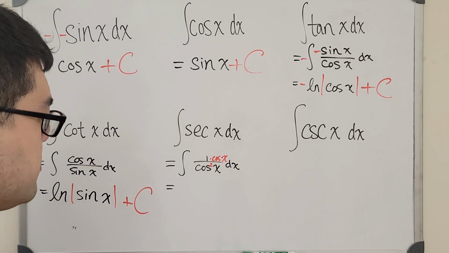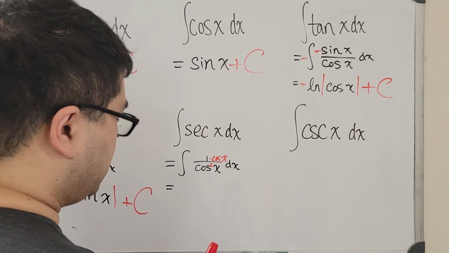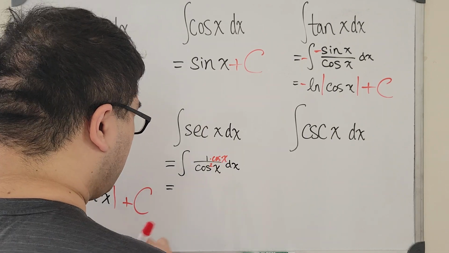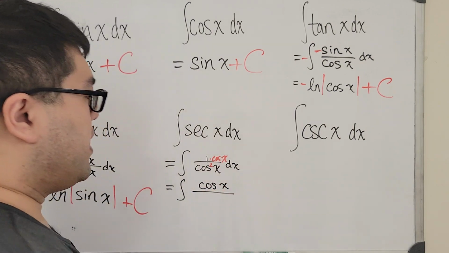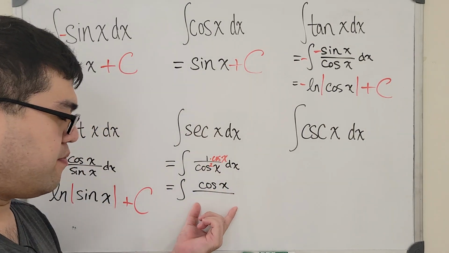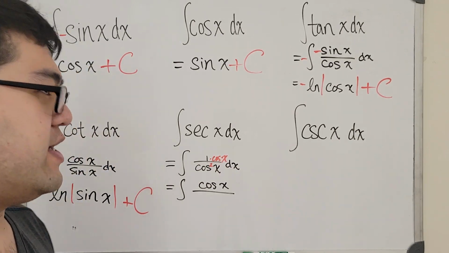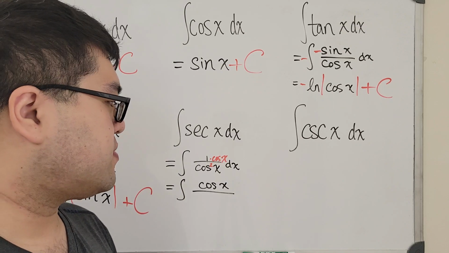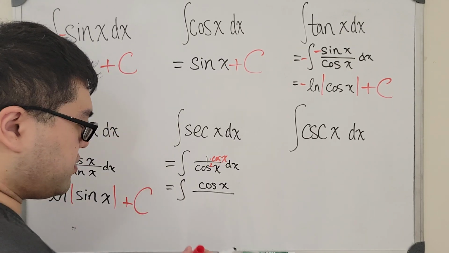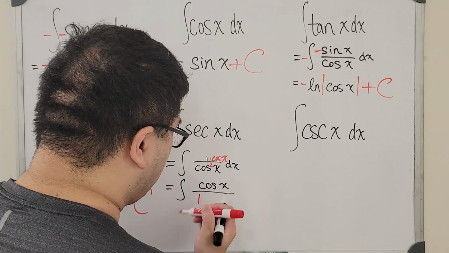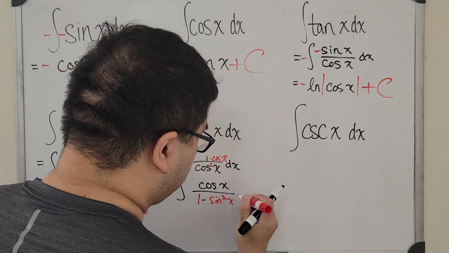Next, I'm going to rewrite this as cosine of x over, and we're going to use the Pythagorean identity, which says sine square of x plus cosine square of x is equal to 1. And of course, we're going to rearrange it so that we actually get 1 minus sine square of x.